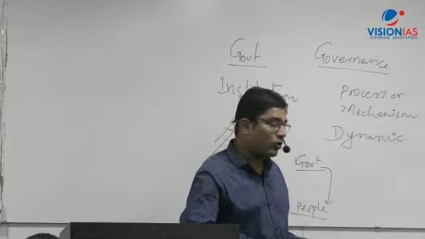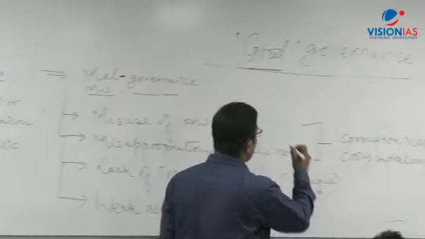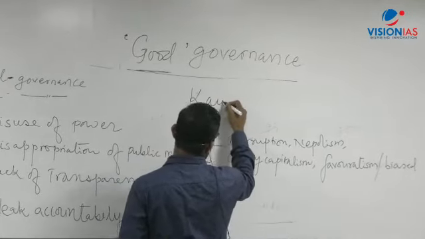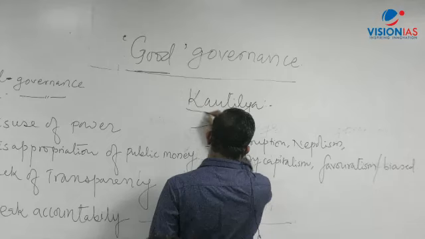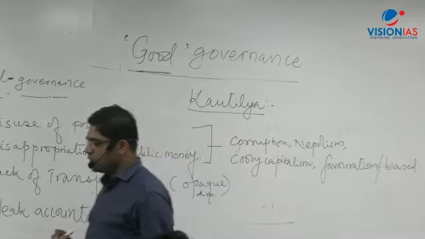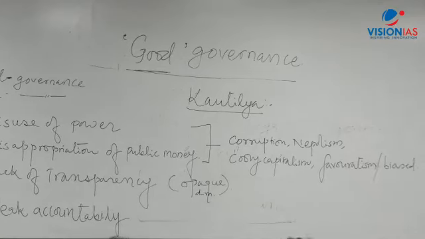Scholar number 1 is Kautilya. What is the name of his book? Arthashastra.